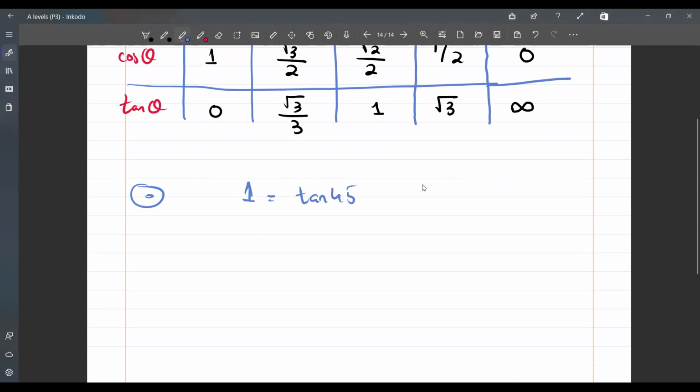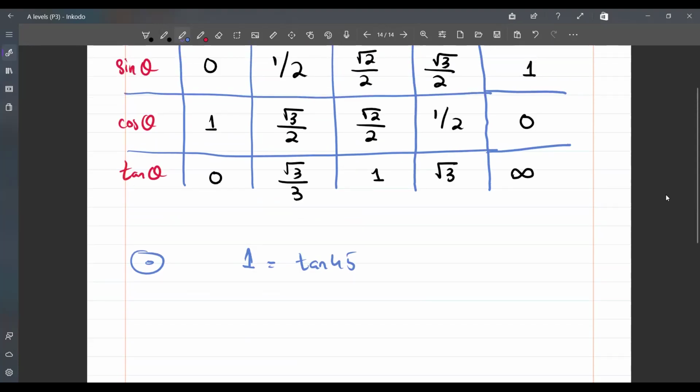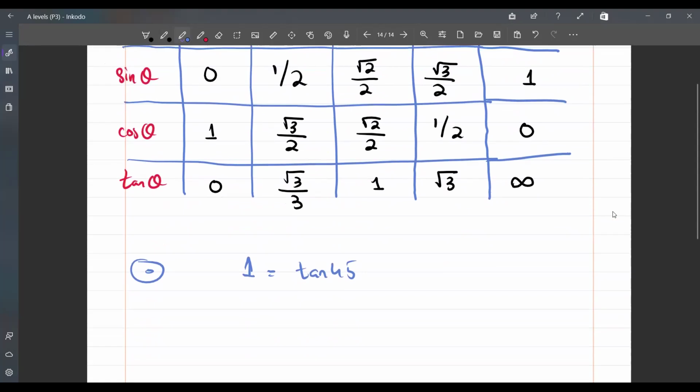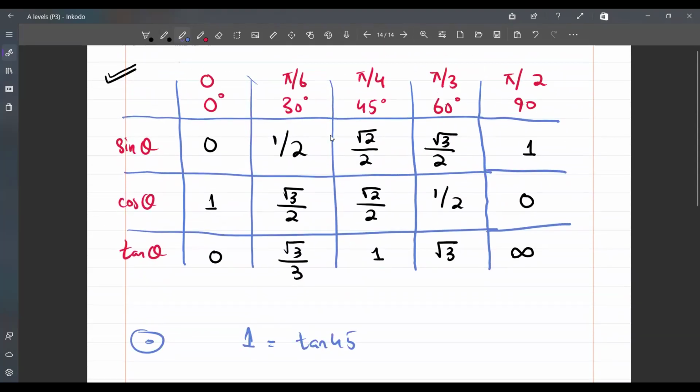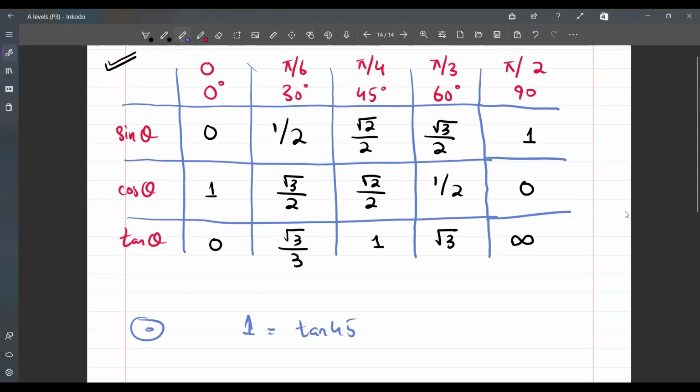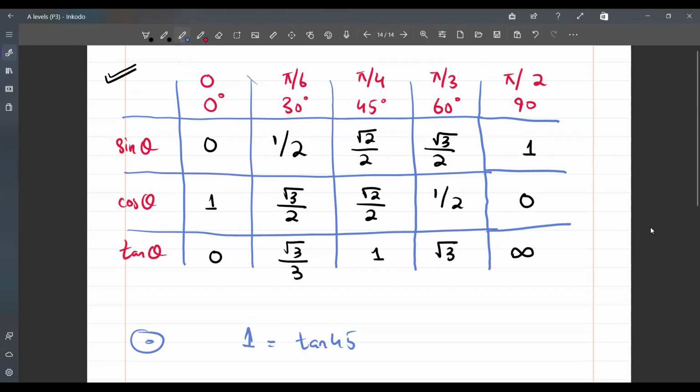Unless you learned this table by heart, you wouldn't know that 1 is tan 45, or maybe that 1 upon 2 is sine 30, or that 1 is also cos 0, or that under root 3 upon 2 is cos 30. So at times it would be tested, even though it's rare, but it can be tested. I would really recommend you to learn this by heart.